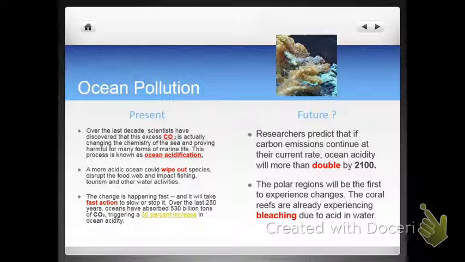The polar regions will experience changes first, because that's where a lot of the melting and the big temperature changes are occurring. Coral reefs are already experiencing this, and there are many areas of the world's oceans where the corals are dying due to the acidity in the water, and they're literally getting bleached out. I've got a clip I'm going to show you from 60 Minutes about the corals.